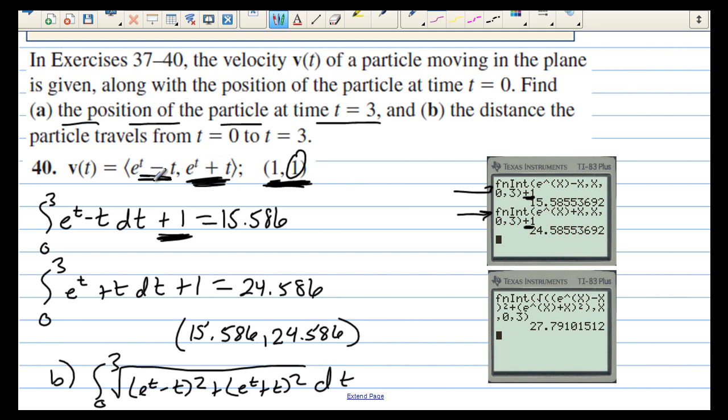And that comes from, here's e^t minus t, we square that one, and then we square the y as well. That's right here. I've plugged that into the calculator as well. There's the first one, (e^t minus t) squared, plus (e^t plus t) squared, and of course the square root right there, comma x, comma 0 to 3, and we get the total distance traveled is 27.791.